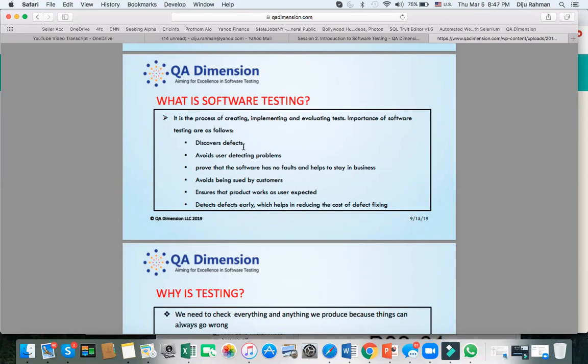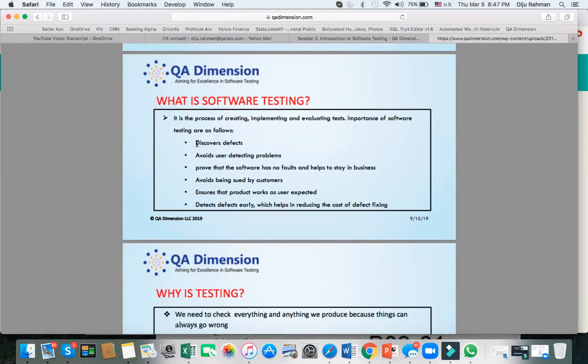Make sense? Okay. So the next is why testing is done. To discover defects and avoid users detecting problems. You know what a defect is, right? Defect is an issue or problem.